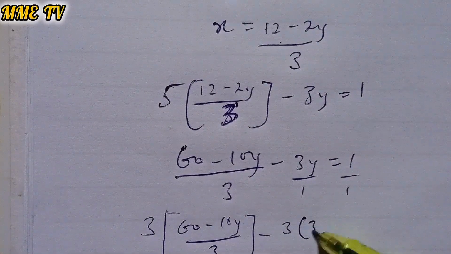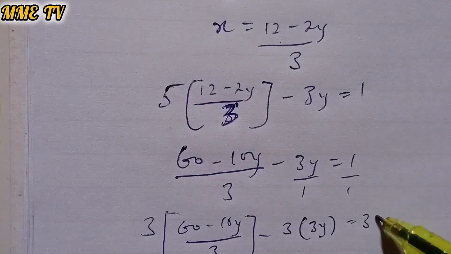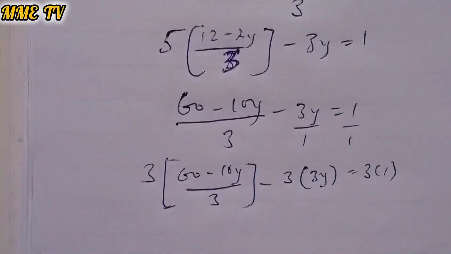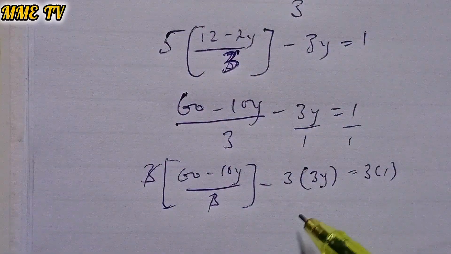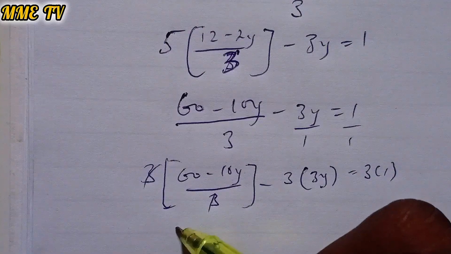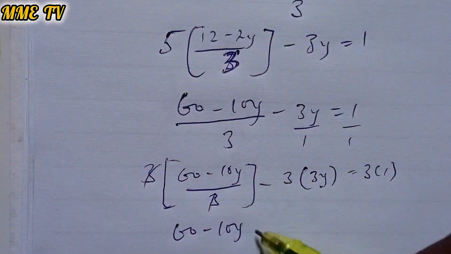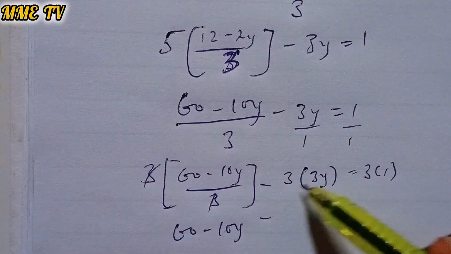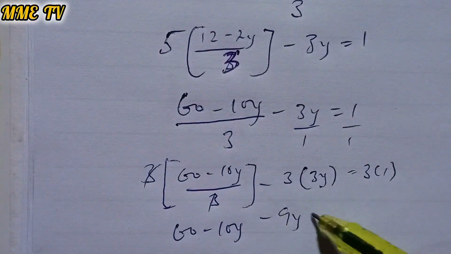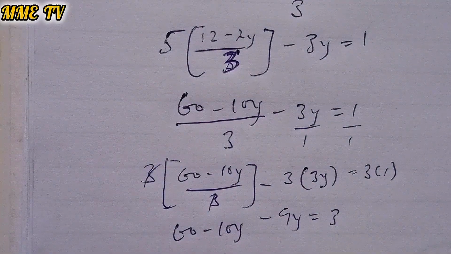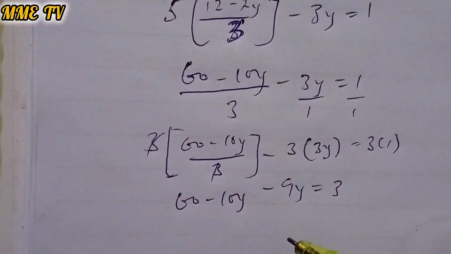Again, I'm using 3 to multiply 3y. And finally, I'm using 3 to multiply 1, right? So 3 will cancel this 3. Then I'm left with 60 minus 10y minus 3 times 3y, which gives us 9y, is equal to 3 times 1, 3. So now I will collect the like terms to find the value of y.